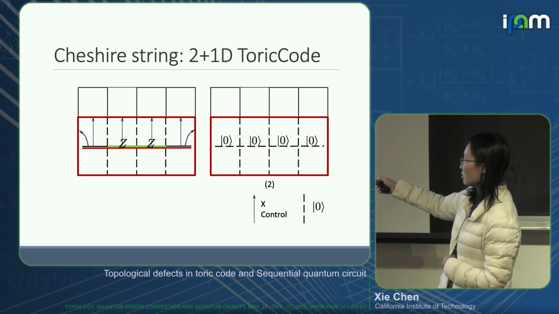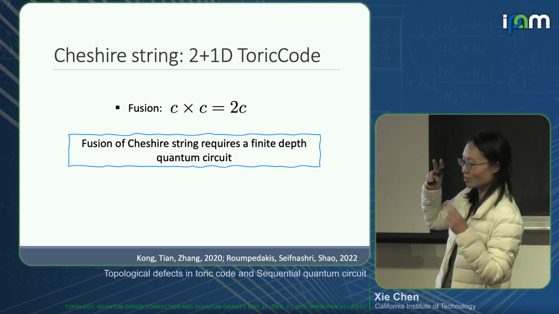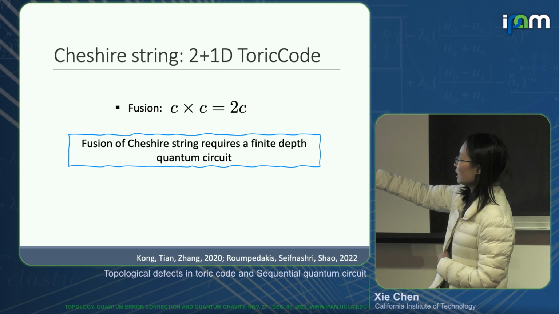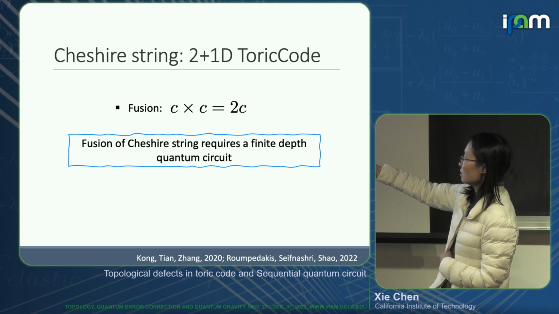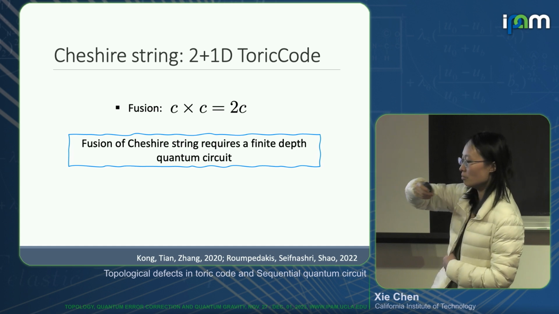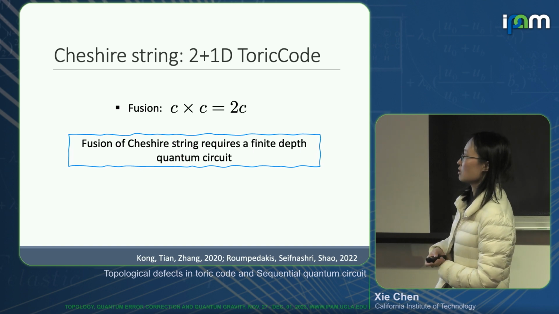It can be all 0, or it can be all 1, while the remaining state is just a single Cheshire defect. Because of that, we can write the fusion rule in a very sloppy way. I'll talk about the non-sloppy way in a minute, but we can write it as C times C equals 2C, where the 2 accounts for the middle decoupled line having two degenerate ground states.